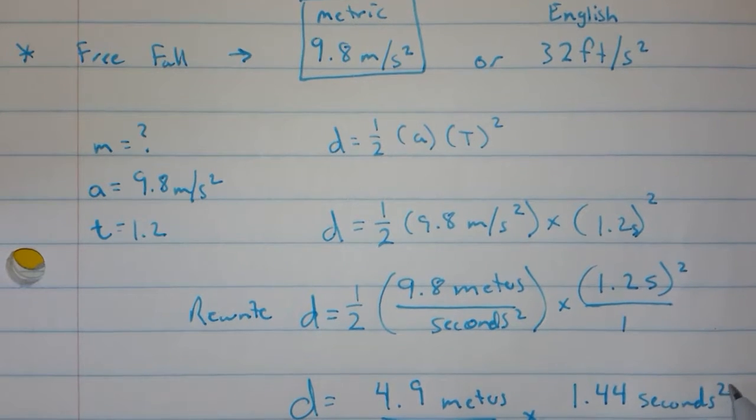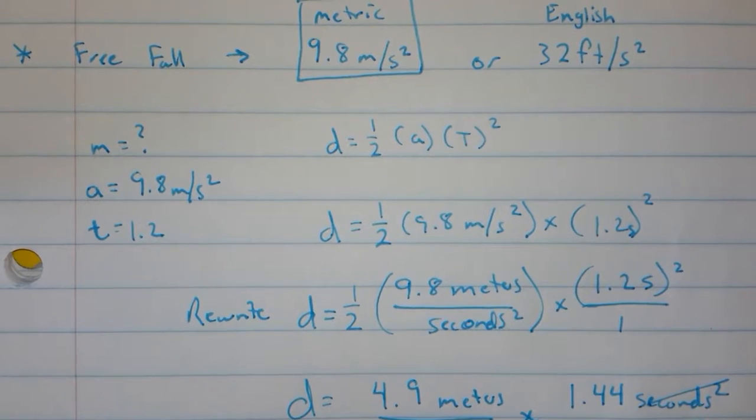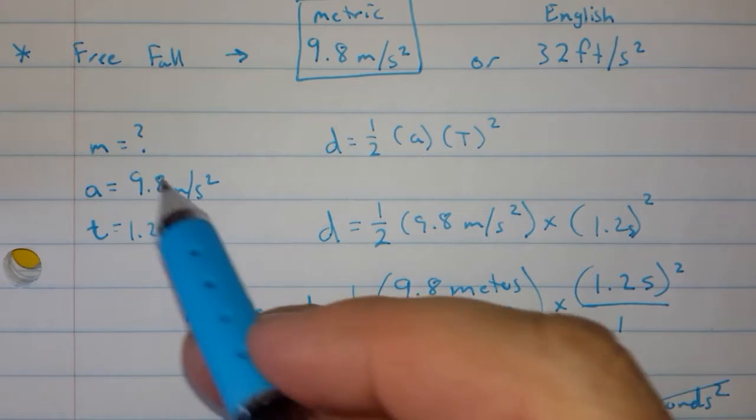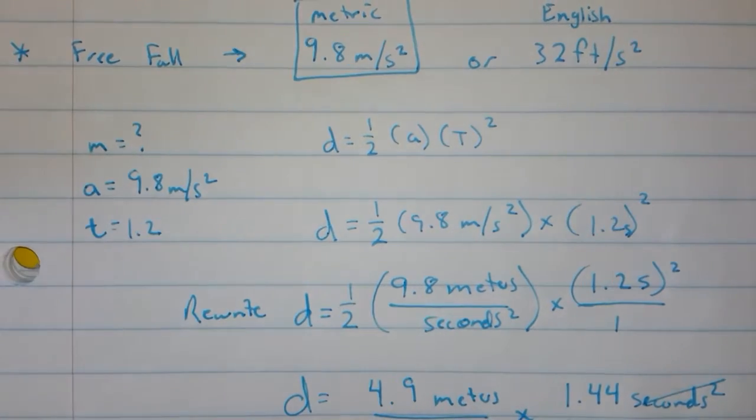Notice how these are diagonal, so the seconds squared actually cancels out. We wanted that to happen because we don't want seconds when we're just wanting meters for our answer.